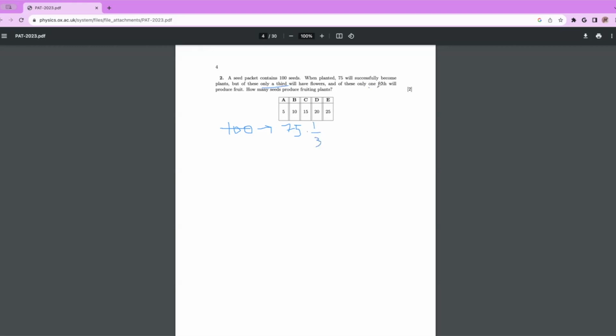And then it says a fifth of the ones that have flowers will produce fruit, meaning we have to divide by 5 again to get the number of seeds that produce fruit. And so if you multiply 3 times 5, that's 15. So you're dividing 75 by 15. 75 over 15 is 5, meaning our answer is A. Isn't that fun?